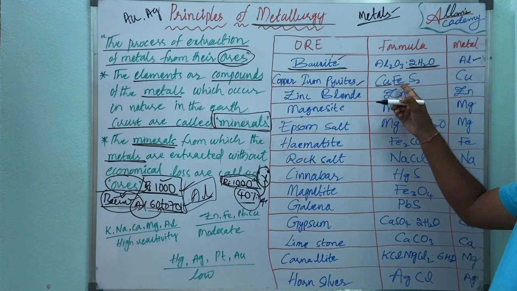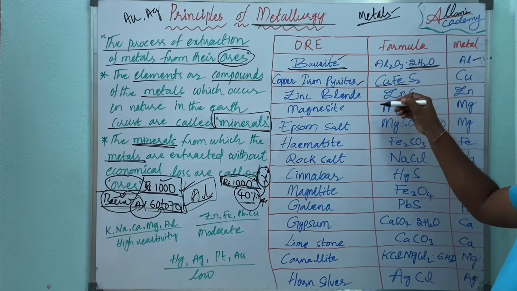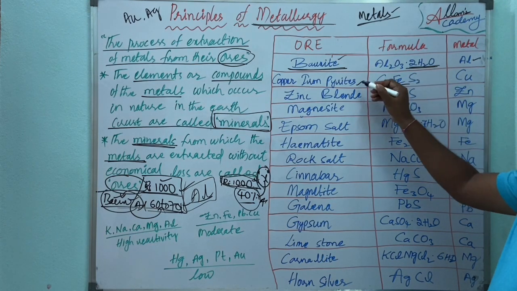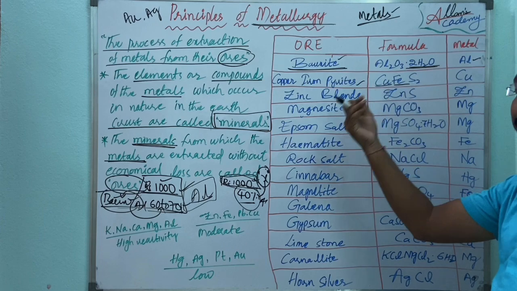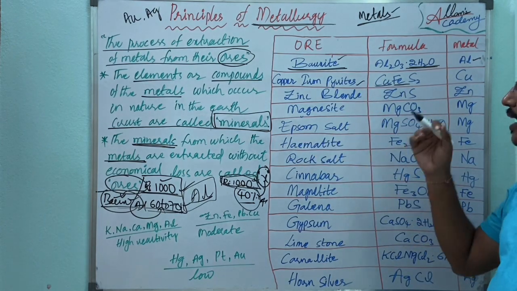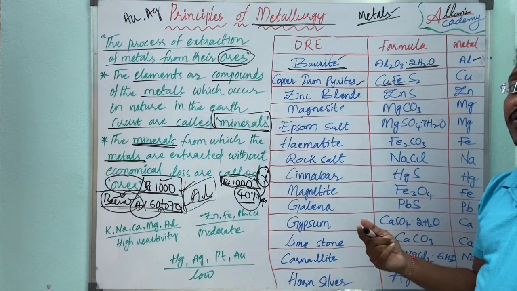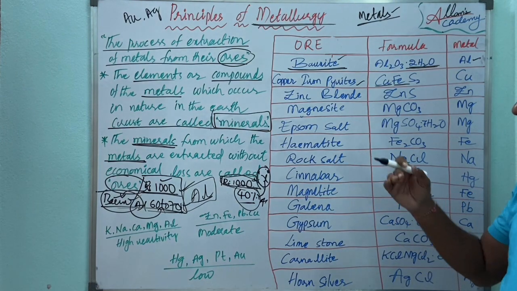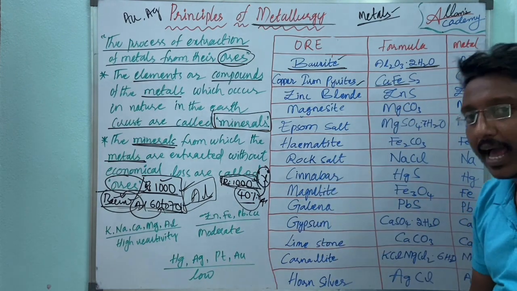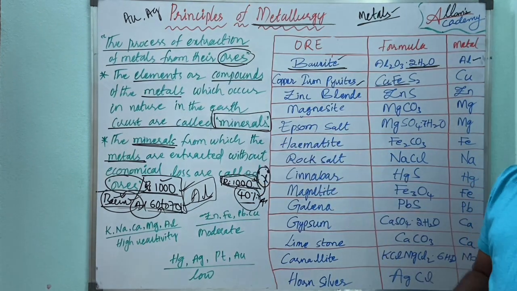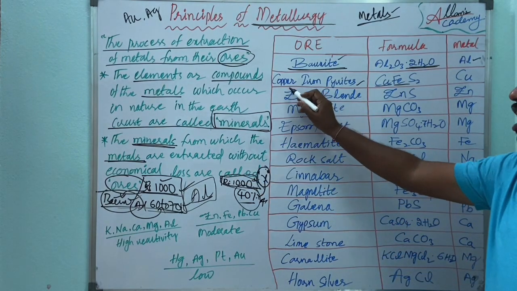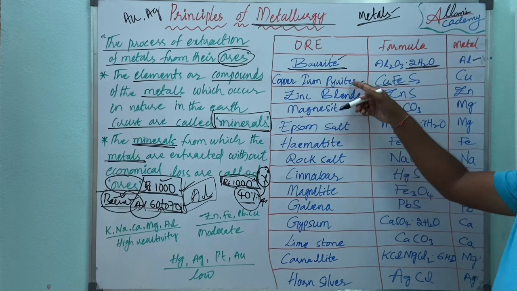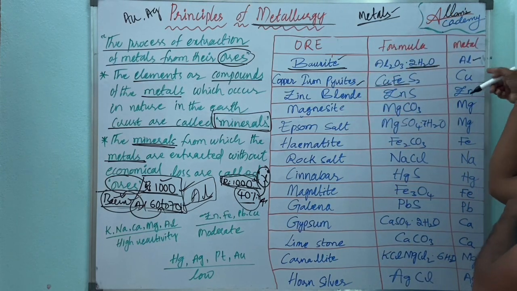But collecting iron from copper iron pyrite is not profitable, while collecting copper from it is profitable. So that's why copper iron pyrite is called ore for copper.